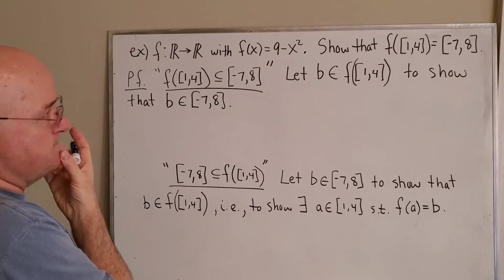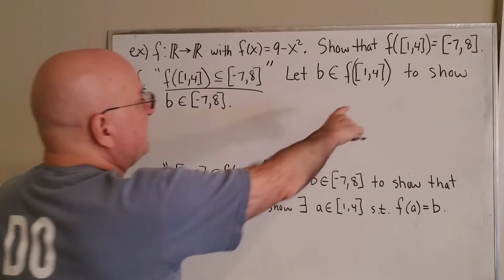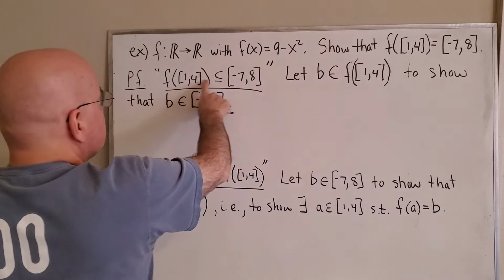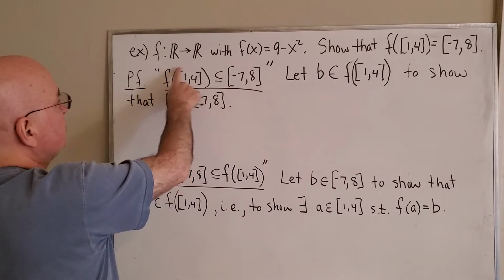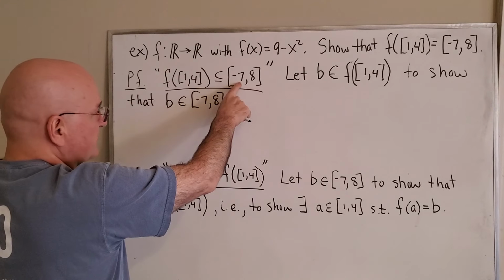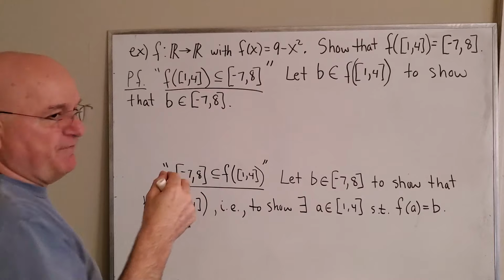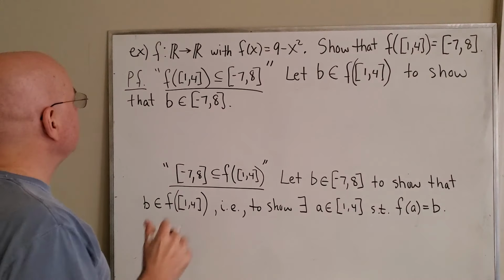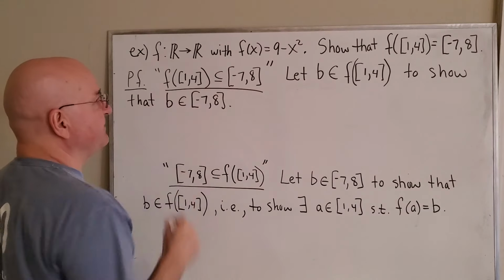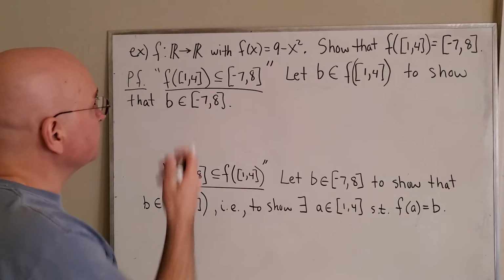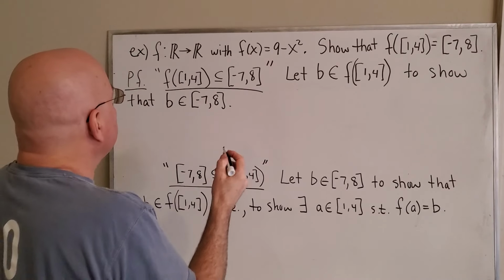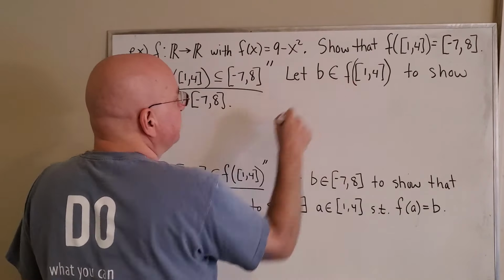So let's proceed. In order to show that this is a subset, I have to arbitrarily choose an element from here and show that it's also in here. So I'm going to let b be an element in f of the interval from 1 to 4, to show that b is also in this set. Well, what does that mean for b to be in this set?